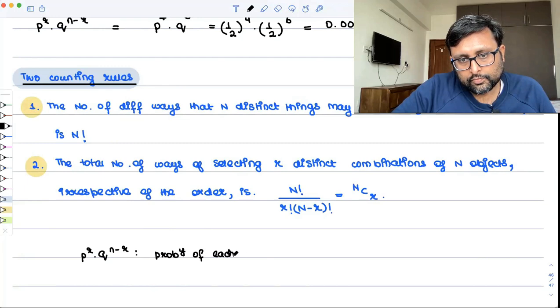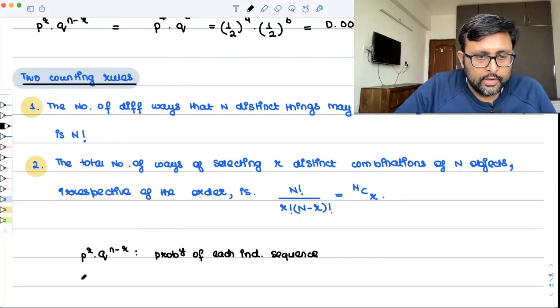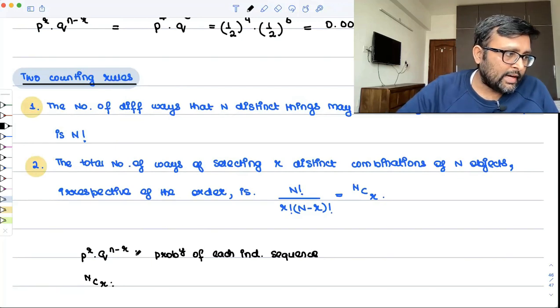Probability of each individual sequence, right? And what is nCr telling you?